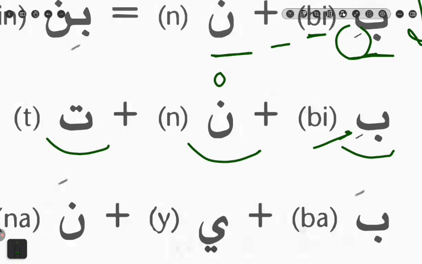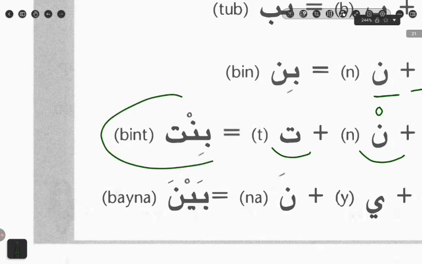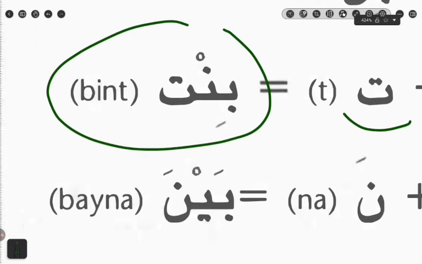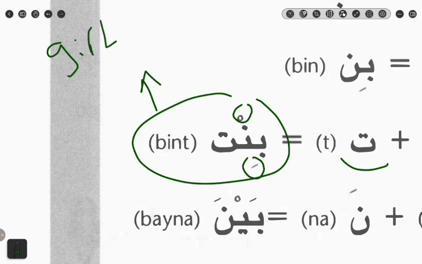There is literally no vowel for noon, bin. And then we have ta. So this word, which is bint, kasra below ba, sukoon above noon, so it's pronounced like bint. This word means girl or daughter.